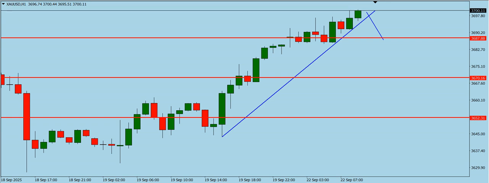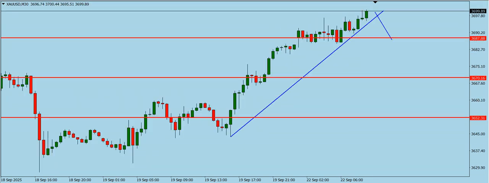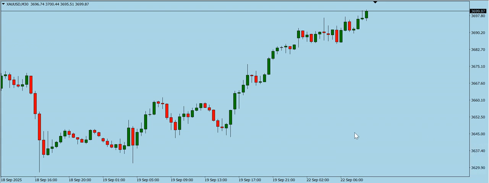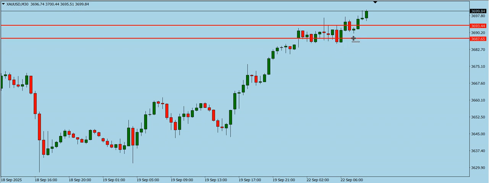On the 30 minutes time frame, price of gold is rising up, but where are the other blocks? We have this particular order block here, 3693. We have another one here at 3687.